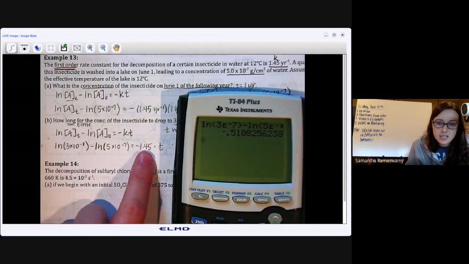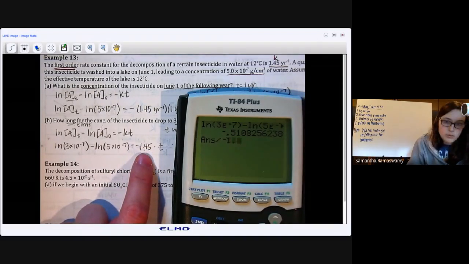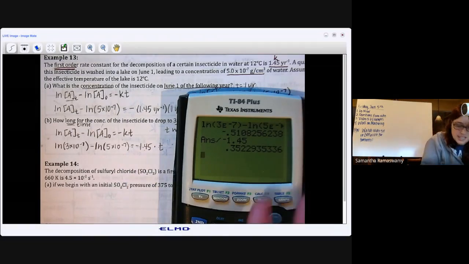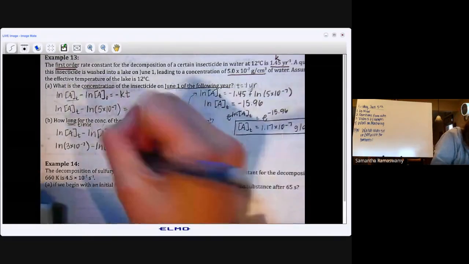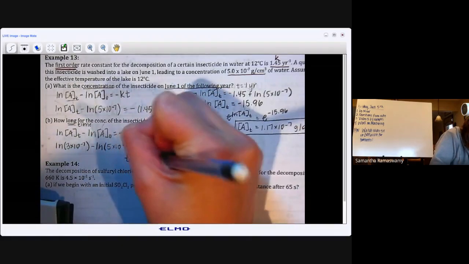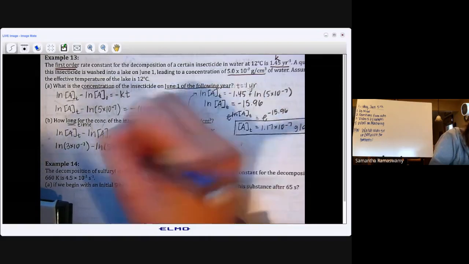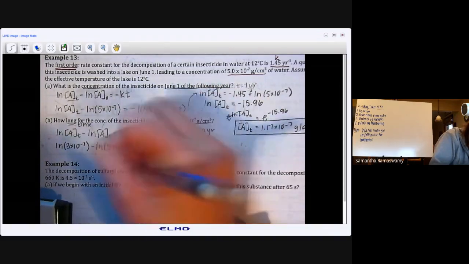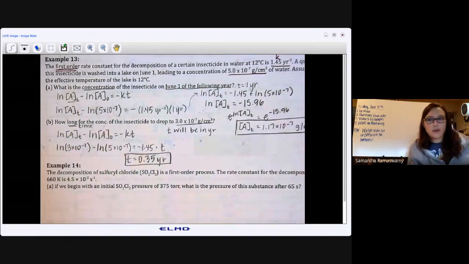So now to get t on a side by itself, I'm going to divide by negative 1.45. So t, time, 0.35 years.